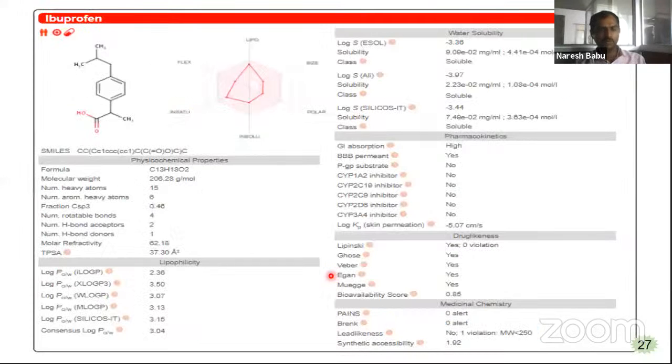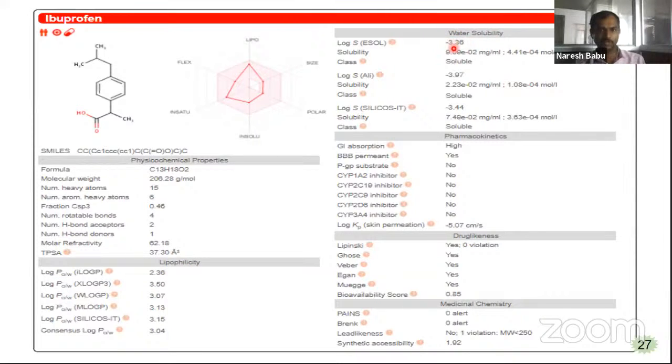Starting with the compound, ibuprofen, I predicted and represented it here, along with the properties we observed in Swiss ADME. These are the physicochemical properties for the compound. For the query we gave for that particular compound, it gives the structure, then the physicochemical properties, the lipophilicity, that is the log P values, and the water solubility.